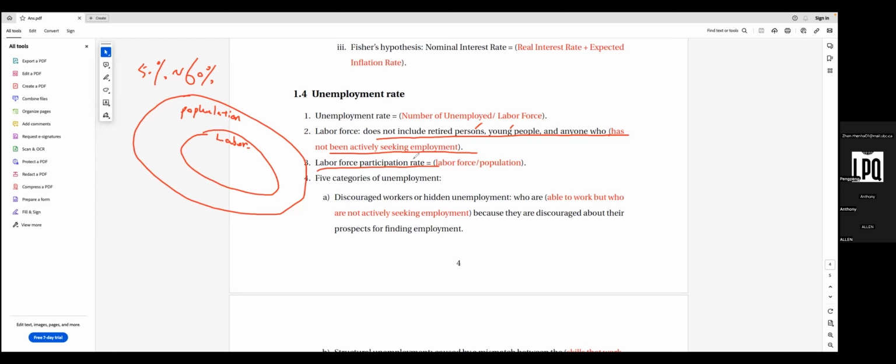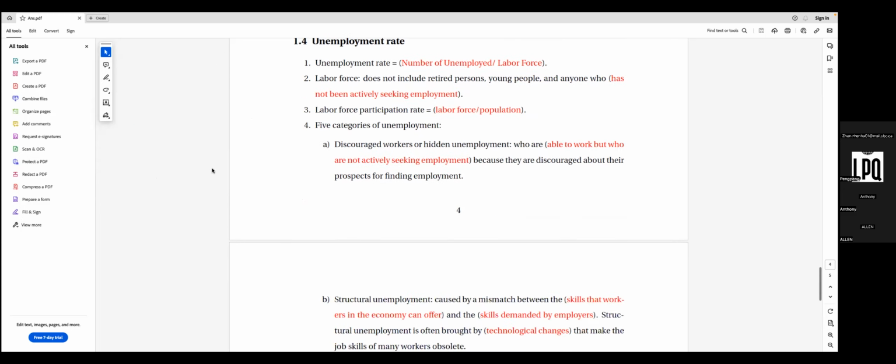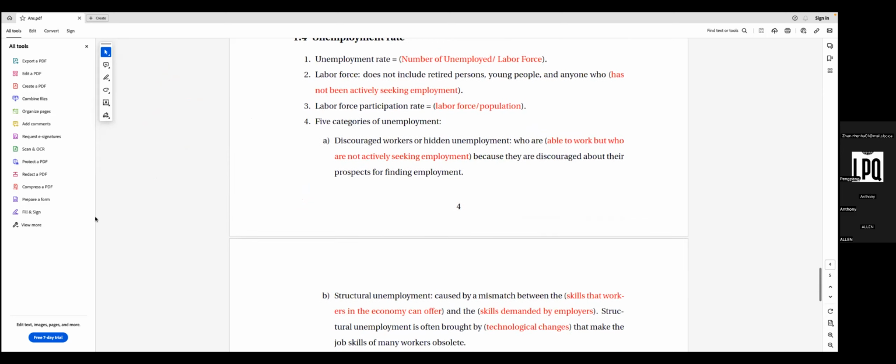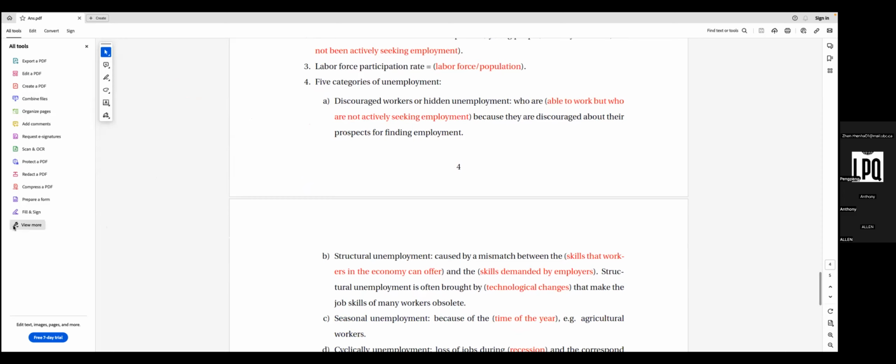Next, we can calculate the unemployment rate: you divide the number of unemployed workers by the labor force, once again, instead of the total population size. So far you have two formulas: the unemployment rate and the labor force participation rate.